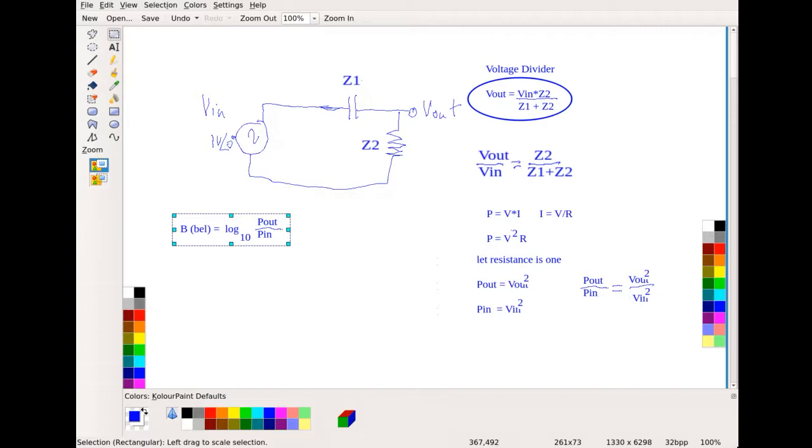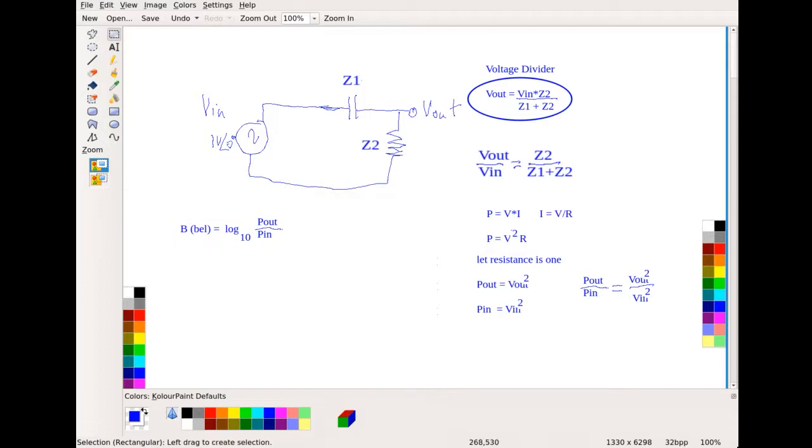But you take this, and what this has given us is a number, whose unit is called a bell. Okay, that's the unit, and it's a measurement of how much strength we're getting out of this filter.